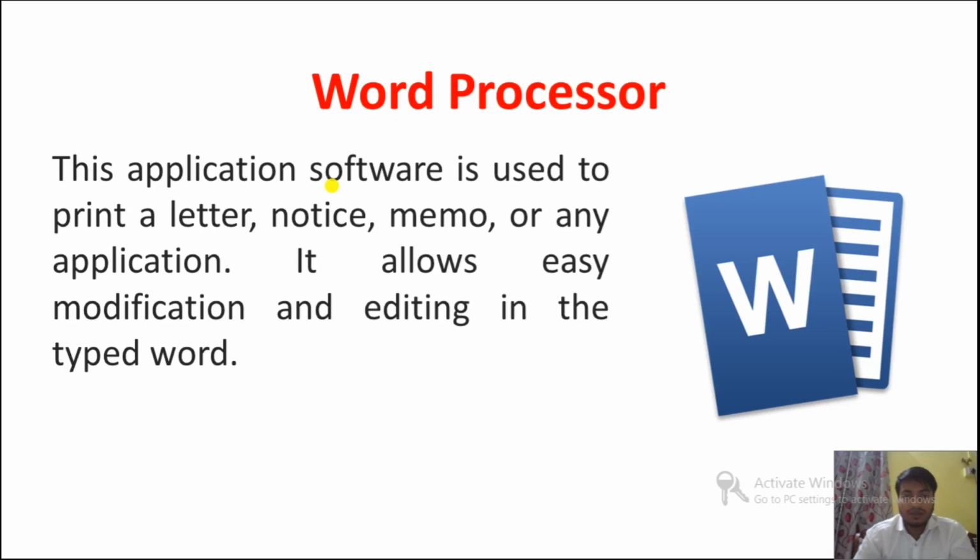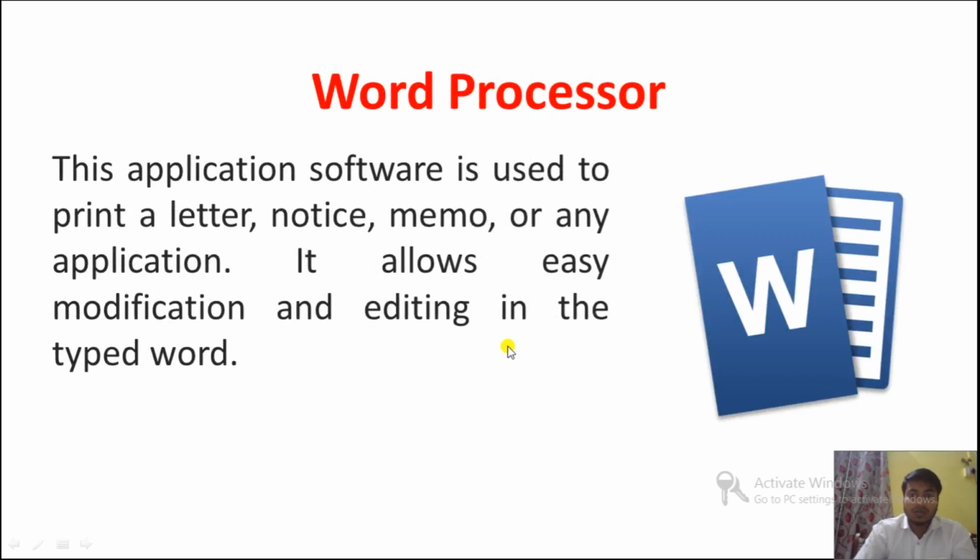It also allows easy modification and editing of the typed words. In case of a wrong word or grammar mistake, we can easily correct it using this application. So this is about the word processor, or in other words Microsoft Word, because it comes under Microsoft Office.